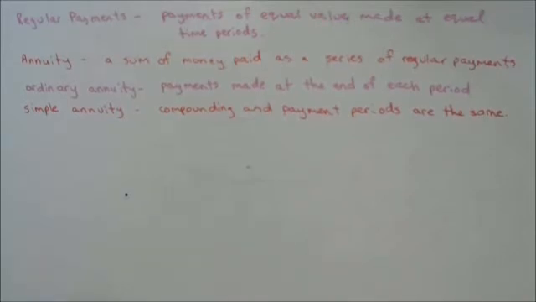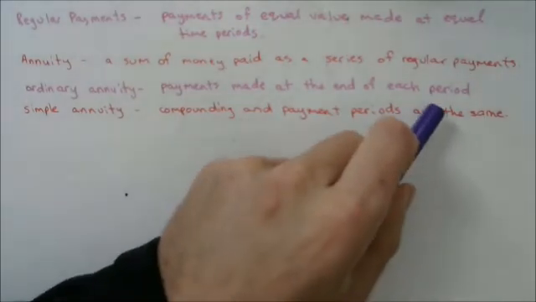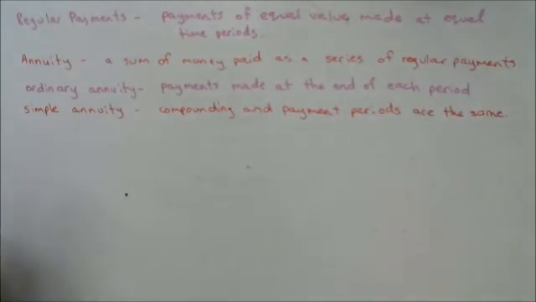In an ordinary annuity though, if you are investing and you make a deposit at the end of a period, that deposit is not going to accumulate interest for that interest period. So you will have one fewer compounding periods than deposits.